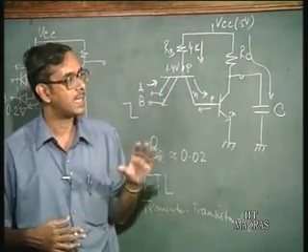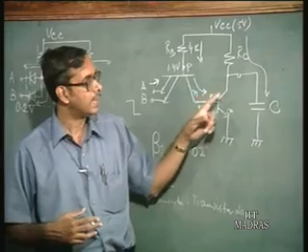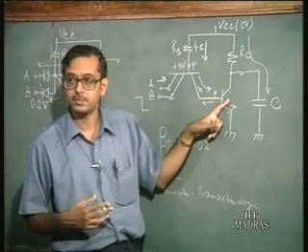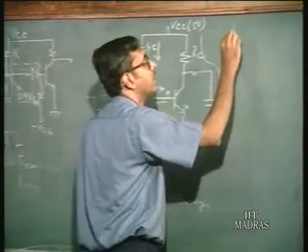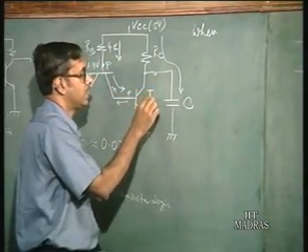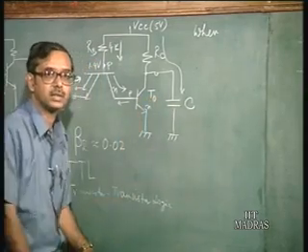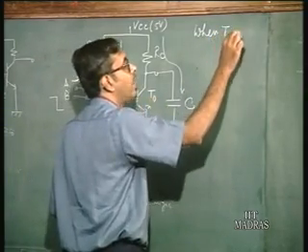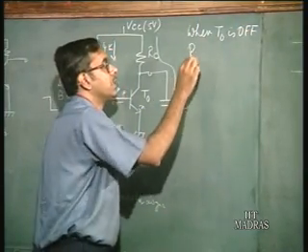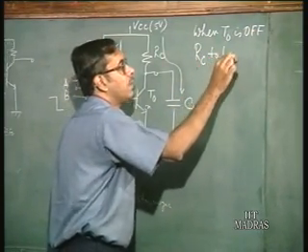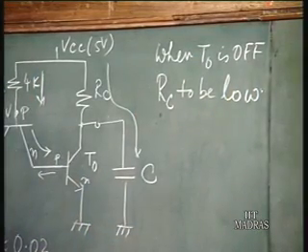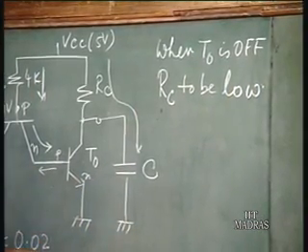Now basically our requirement is that when the output transistor, let me call this TO, is off, we want RC to be low, because of the low RC time constant.